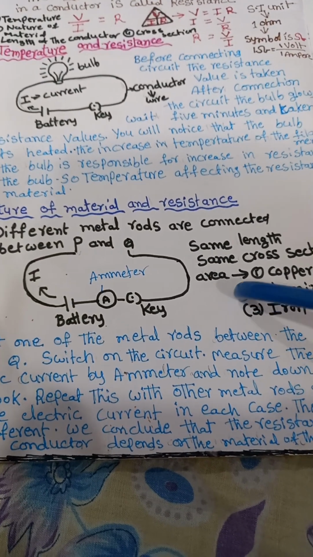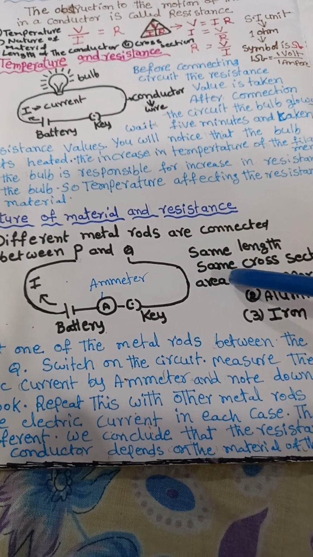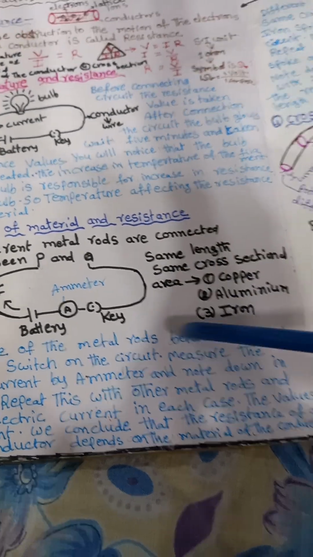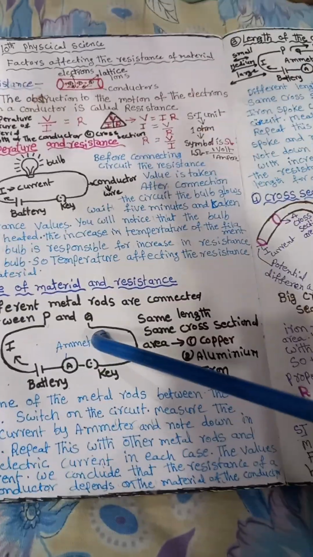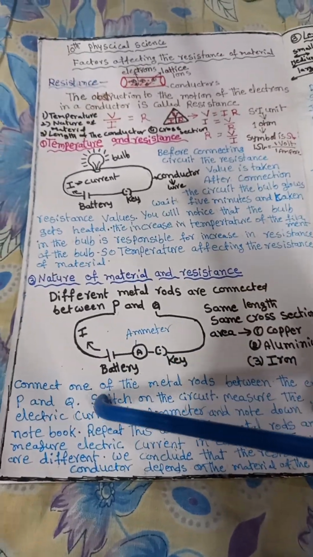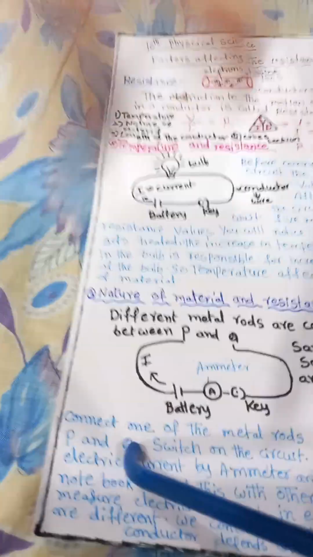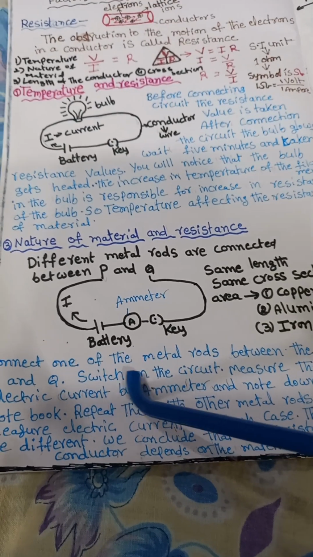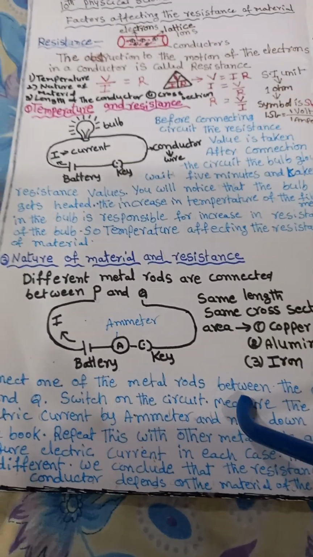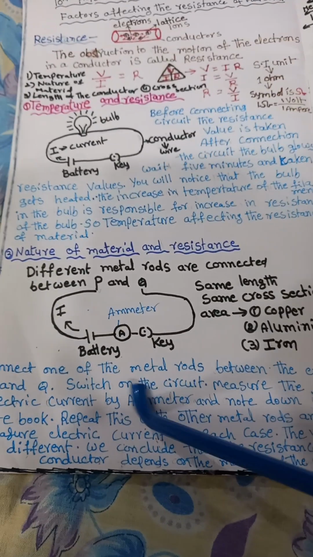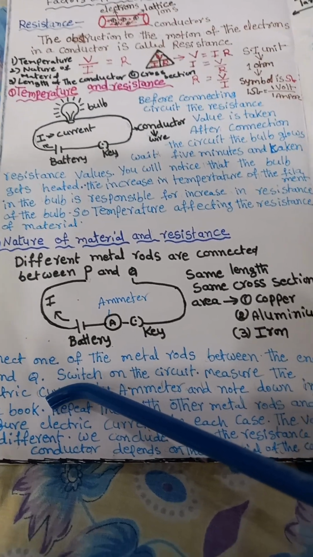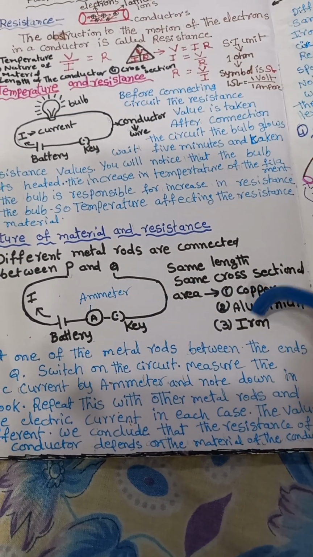One by one we keep this metal and connect it between P and Q. First we read about this activity. Connect one of the metal rods between the ends P and Q. So first one means copper.